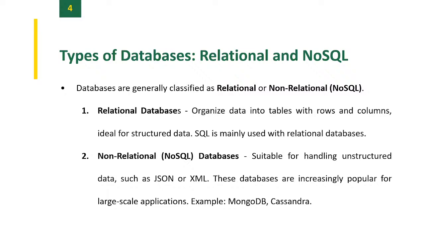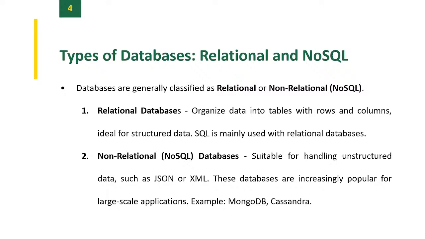Now, we also have the non-relational database. These don't have these kinds of tables, so we call them NoSQL. They are not SQL. They don't have the relationship; that is, there is no organized format of data.